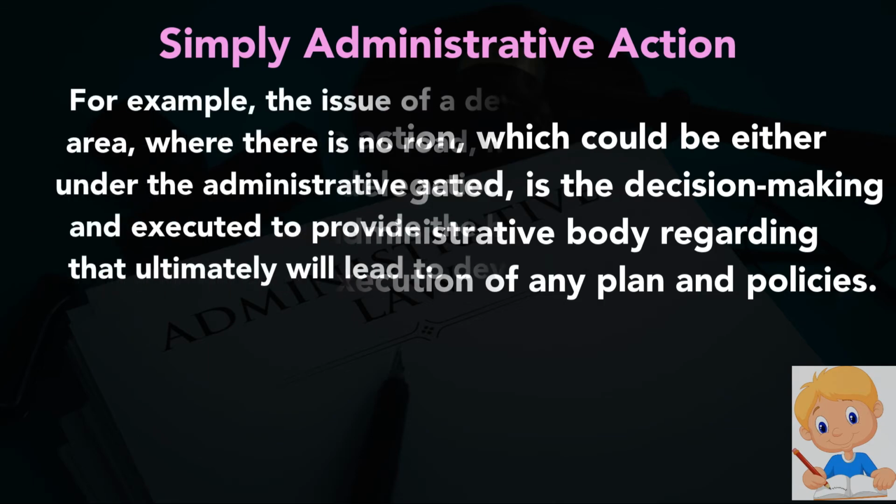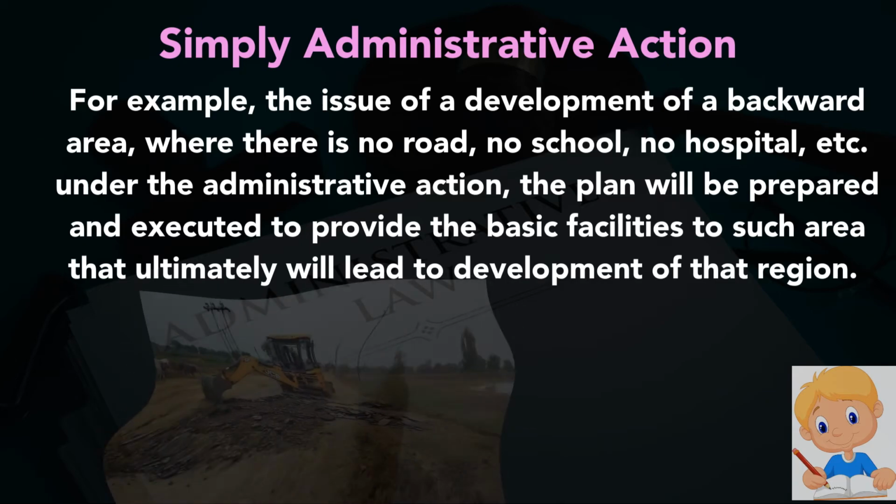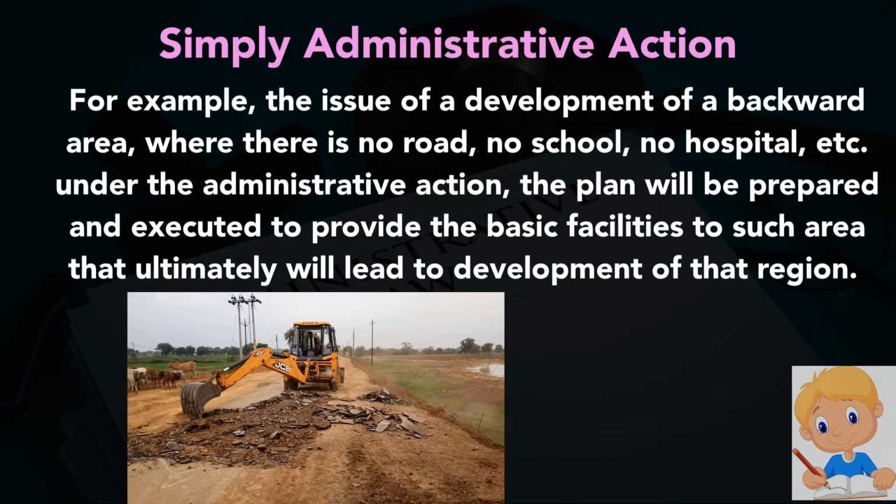For example, the issue of development of a backward area where there is no road, no school, no hospital, etc. Under administrative action, the plan will be prepared and executed to provide the basic facilities to the people living in such an area, that will ultimately lead to development of that region. Such things are kept under the category of simply administrative action.